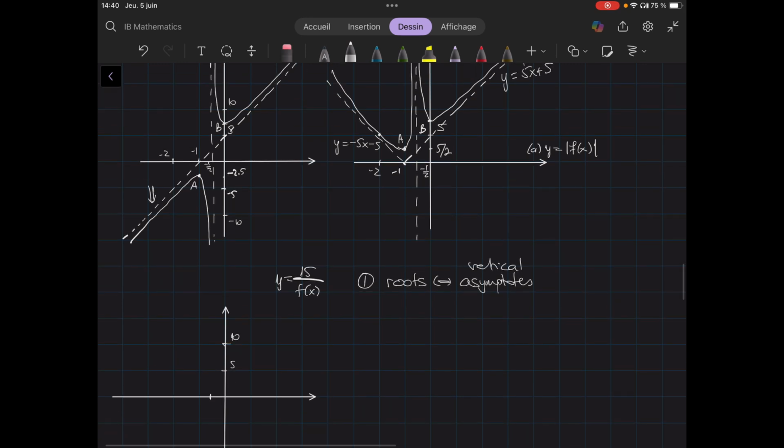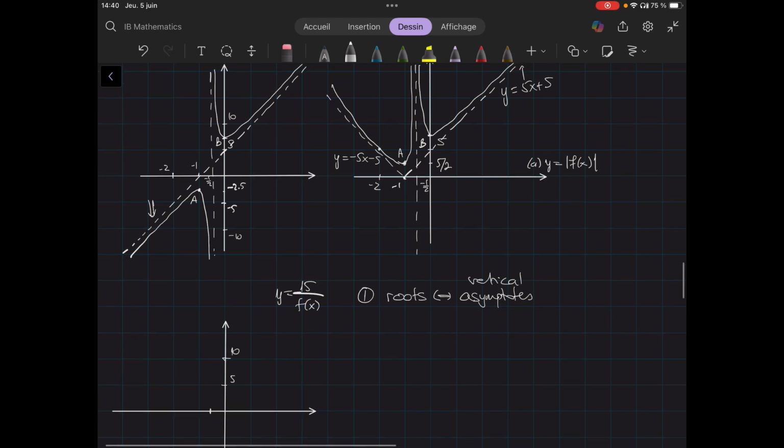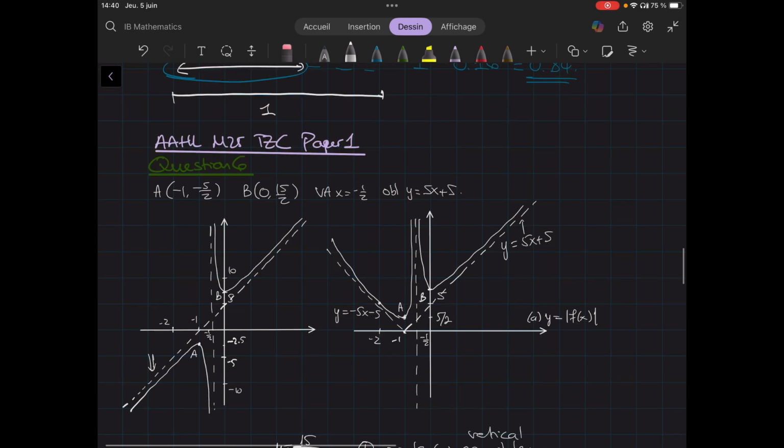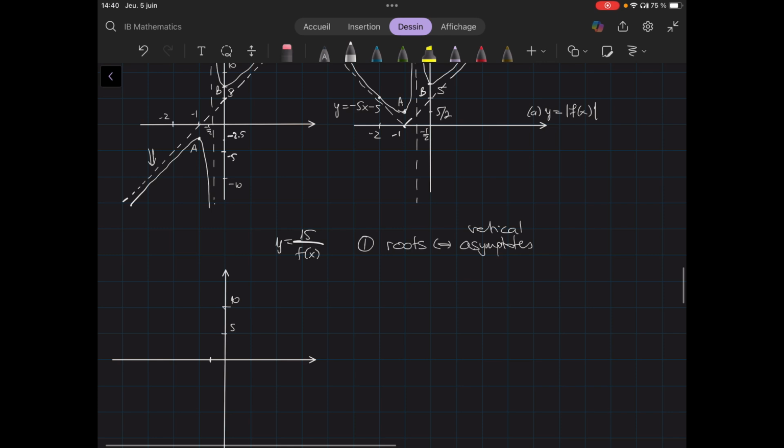Okay, that's pretty good so far. What else? Point A was at -1 and -5/2. Now it becomes -1 and -6.